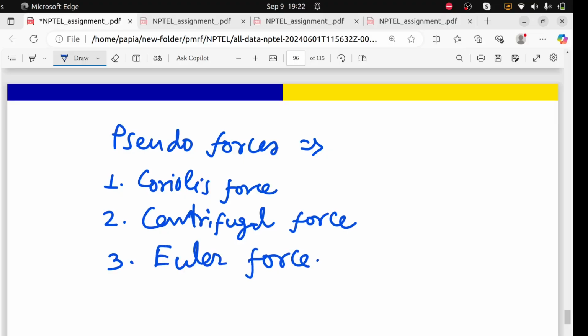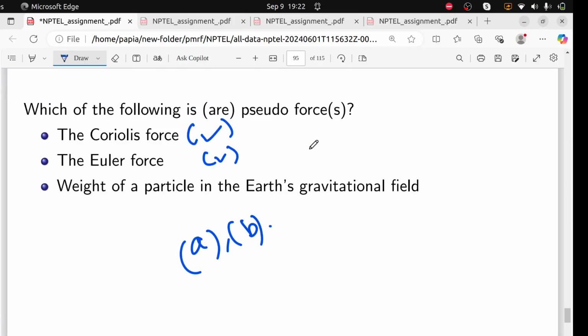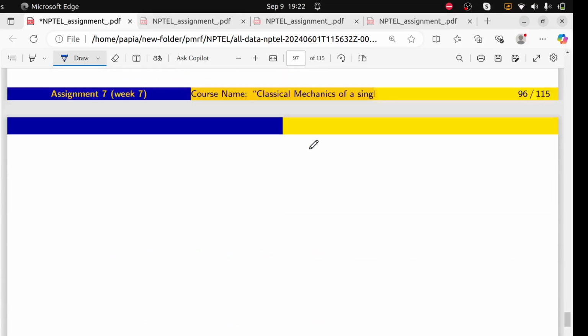These are the pseudo forces in the rotating frame of reference. And obviously the Earth's gravitational field is a real force, so we are not going to talk about it as a pseudo force.